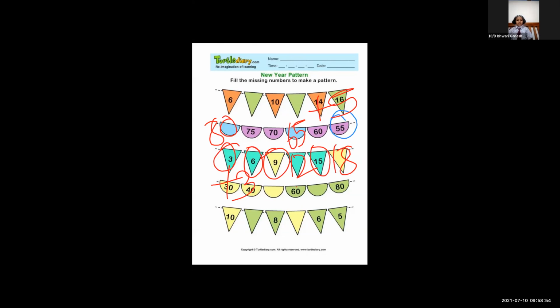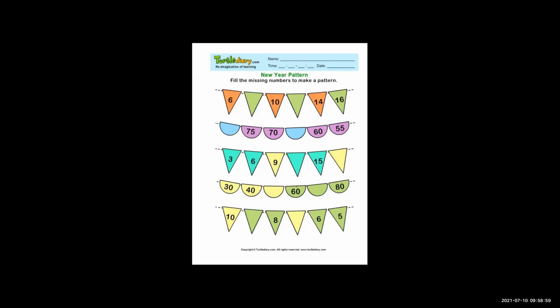Yes, very good. So this way we have to solve number patterns.